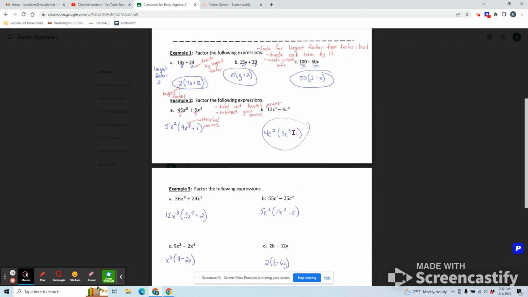I have a minus sign. Now I look at my variables. c to the 5th divided by c squared. 5 minus 2 gives me 3. 2 minus 2 gives me 0. So once again, if I have c squared divided by c squared, and I subtract my powers and get 0, I don't have any c's left. I'm not writing that in my answer.